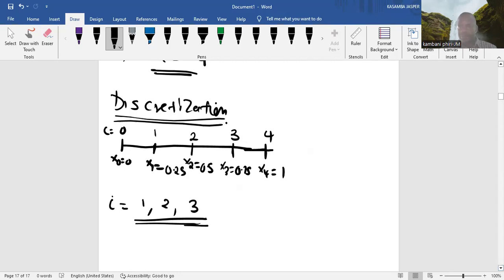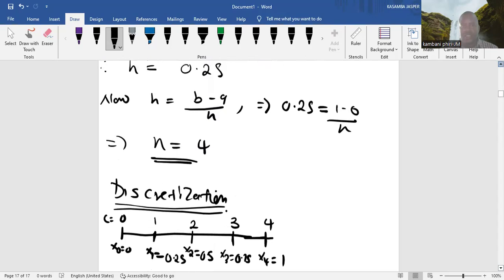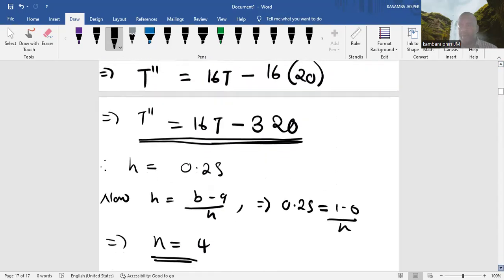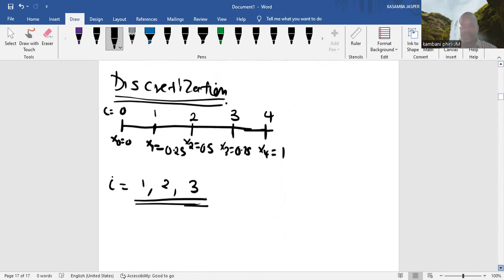Now, since our differential equation has got the second derivative, we can apply the central difference.